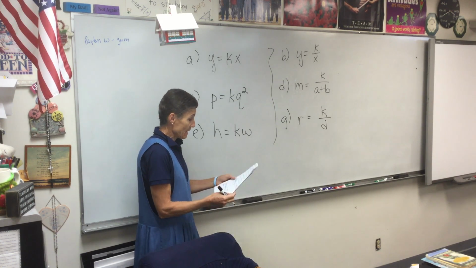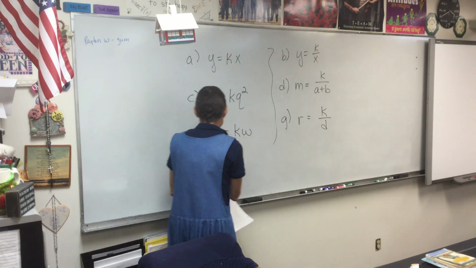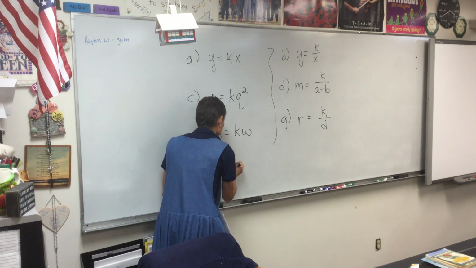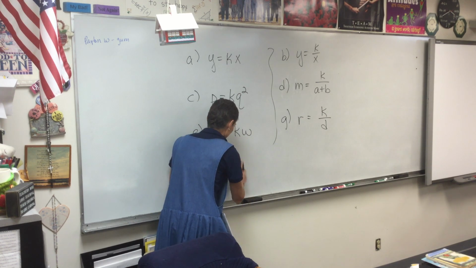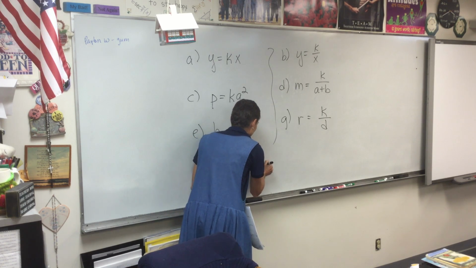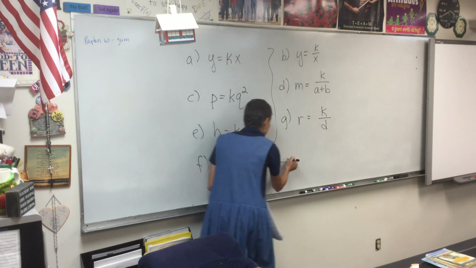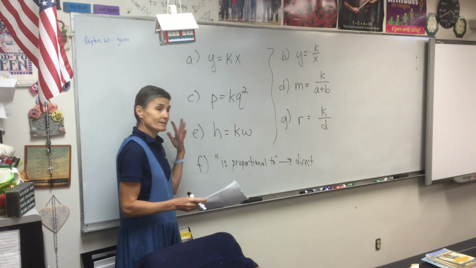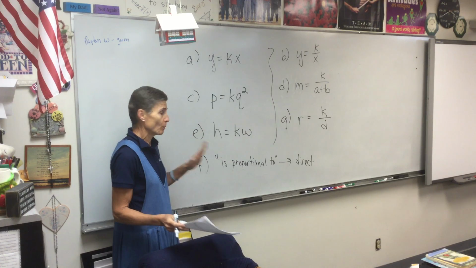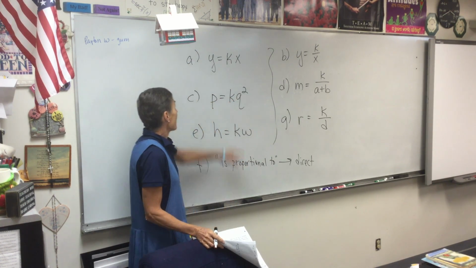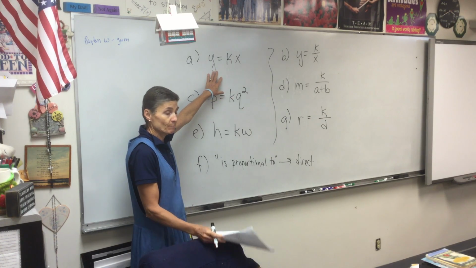Okay? Now, I skipped F. The words "is proportional to" means direct variation, okay? So you just have to kind of be familiar with that language. When we say things are proportional, that means they vary directly.